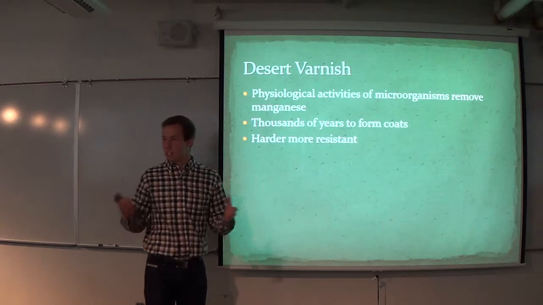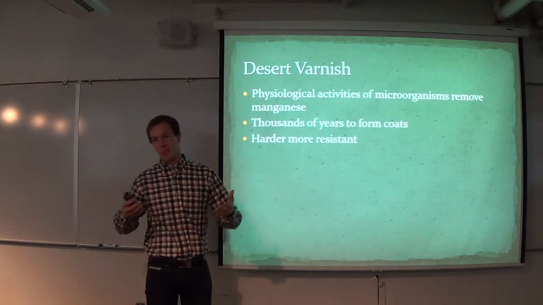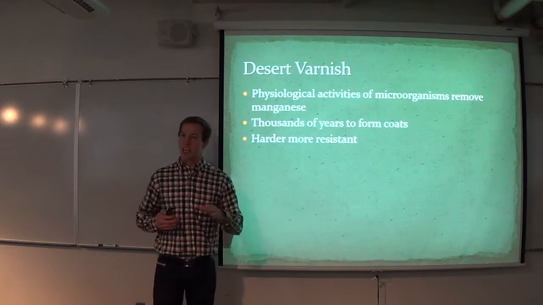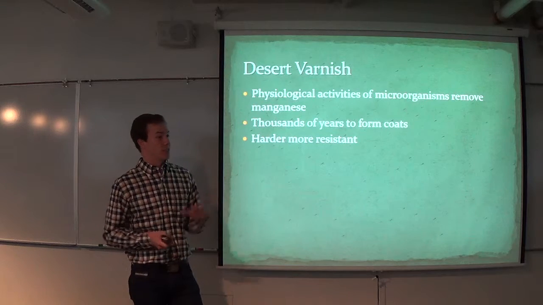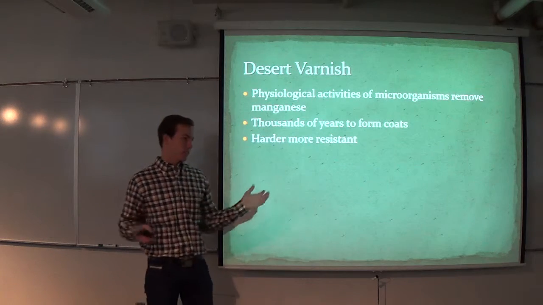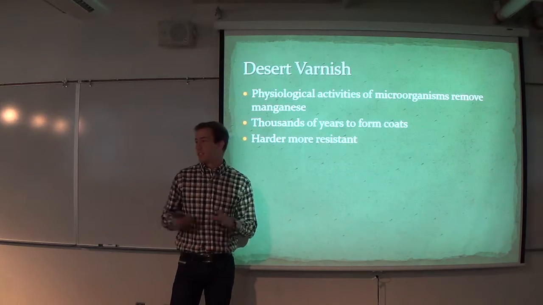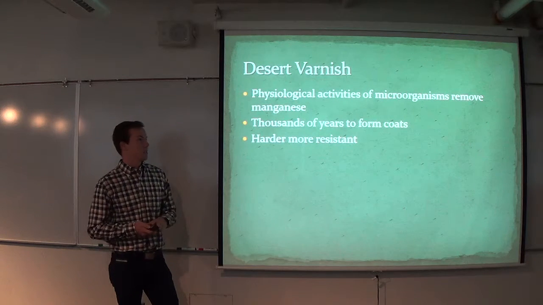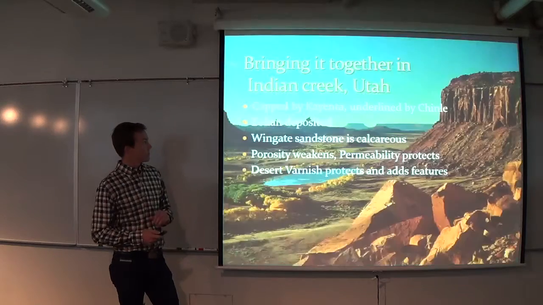It's not extremely well known how that process works, but when it is on the surface, it oxidizes and forms a coat that is really shiny and black and very hard and resistant. And these coats take thousands of years to form, which I feel is pretty interesting. It's very significant to a lot of the features in sandstones.